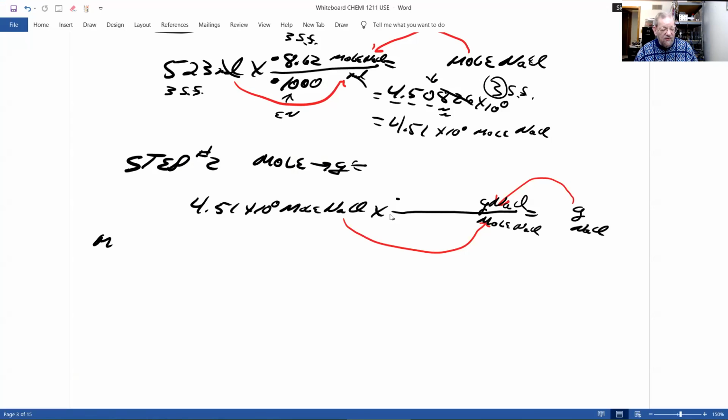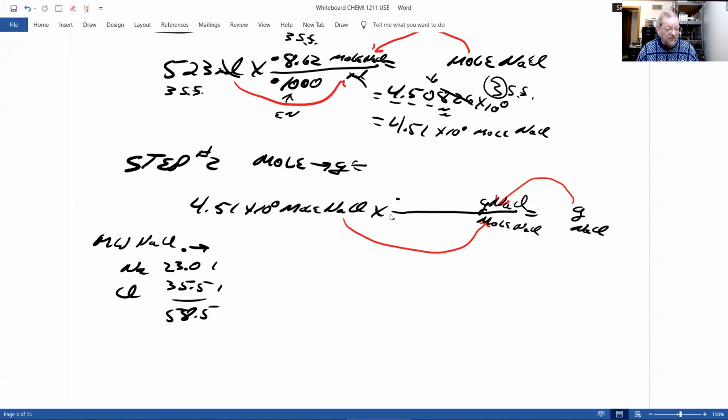So for the molecular weight of sodium chloride, I have 1 sodium, 1 chlorine. Here are the atomic weights. It adds up to 58.5. Remember, you get the same number of significant figures to the right of the decimal point as the number that has the fewest significant figures to the right of the decimal point.